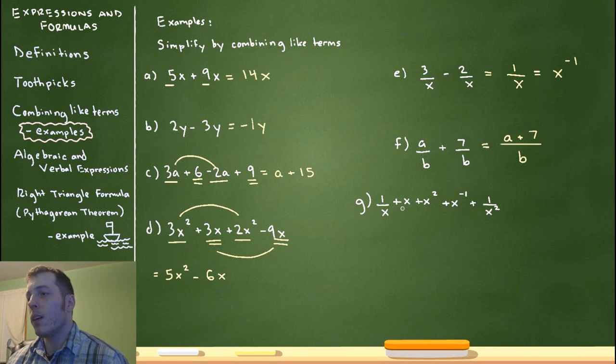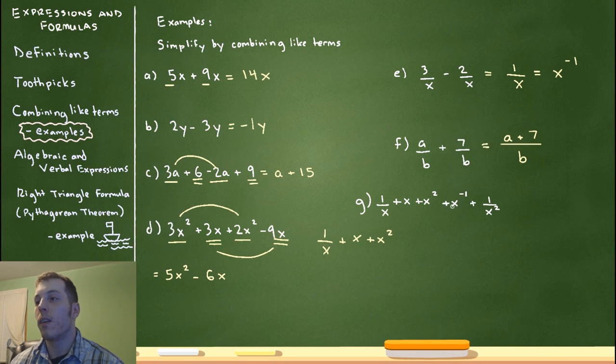Now, part G, it looks a little bit rough, right? There's a lot going on in part G. So let me go ahead and rewrite this here. We have 1 over x plus x, and then plus x squared. Now, instead of writing x to the negative first, remember x to the negative first is 1 over x.